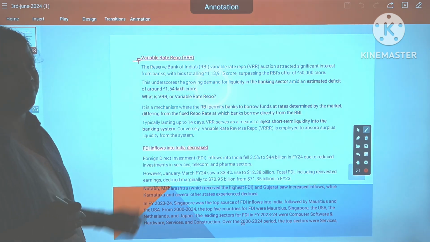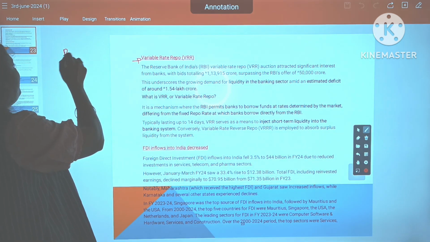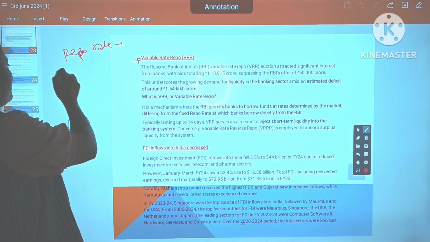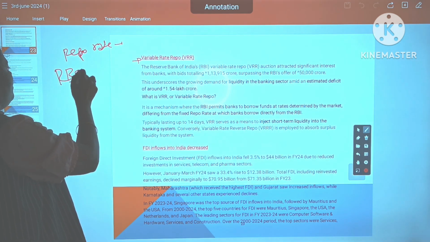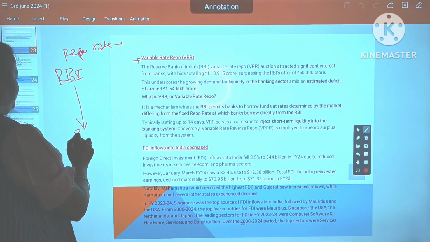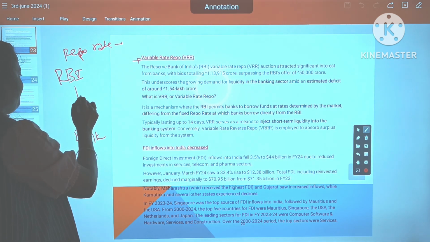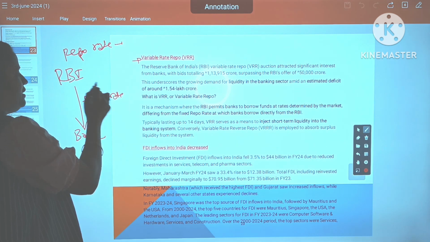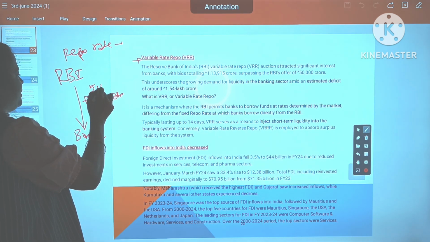Variable repo rate. What is the repo rate? First of all, repo rate means RBI gives loans to banks at a fixed rate. For example, you can think 5%.